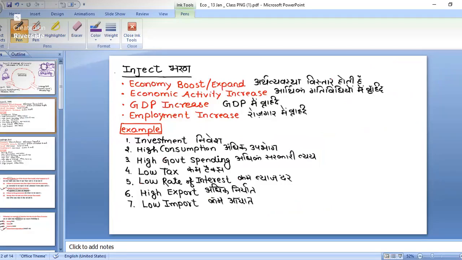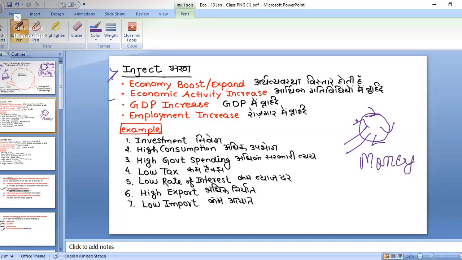Suppose we inject something. Then the economy is boosting, or the expansion of economy is happening. We'll have more money, so economic activity will increase.